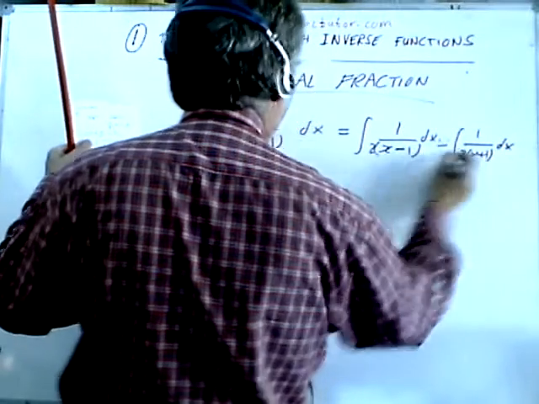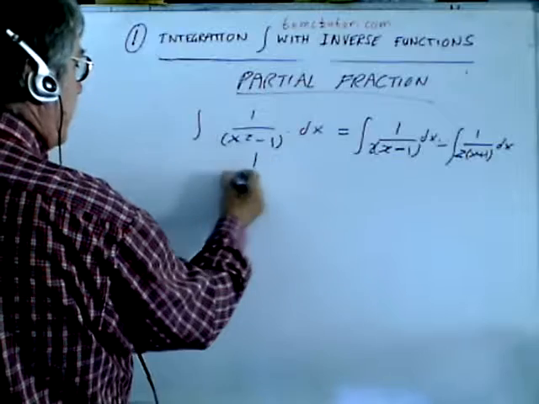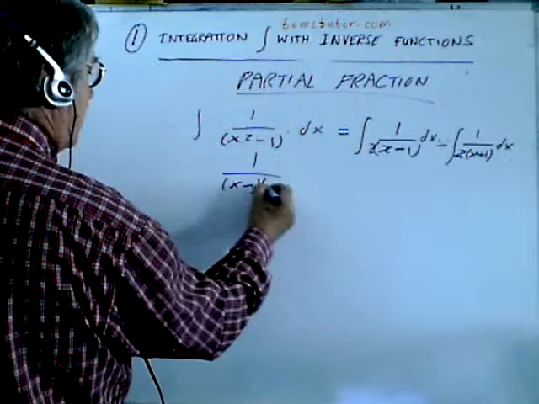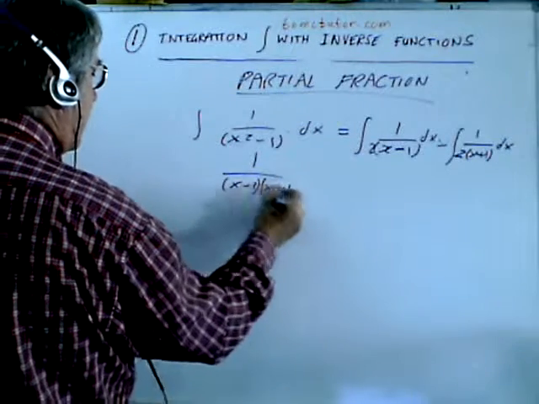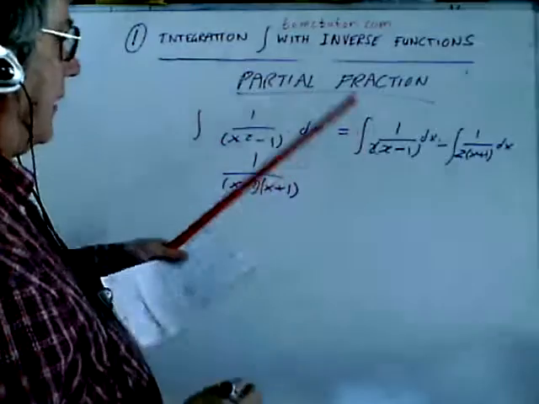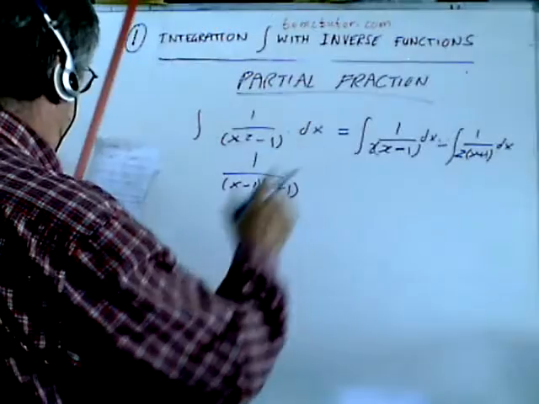So all I've done is realise that that's 1 over x minus 1 times x plus 1, and I've just done the partial fractions A B thing on that. I believe that's right.